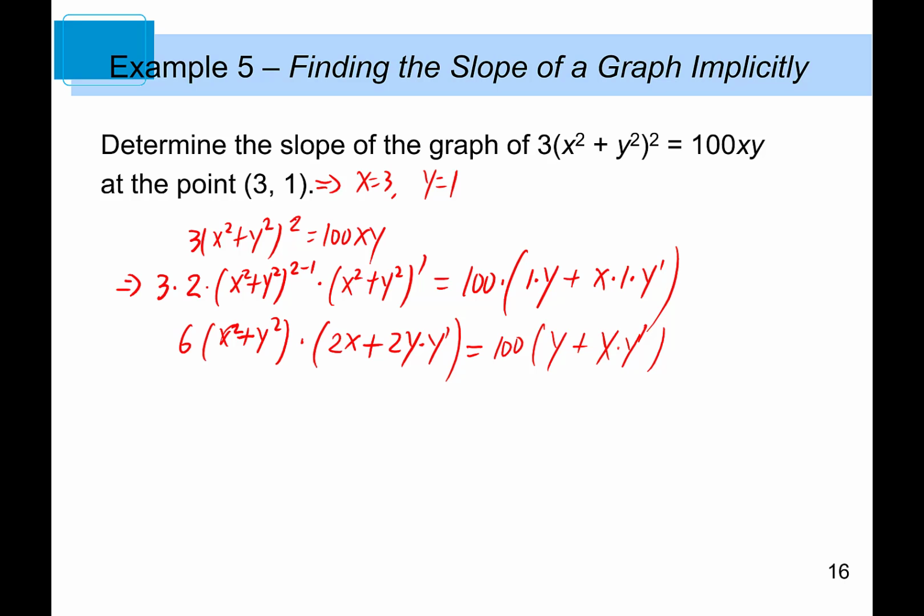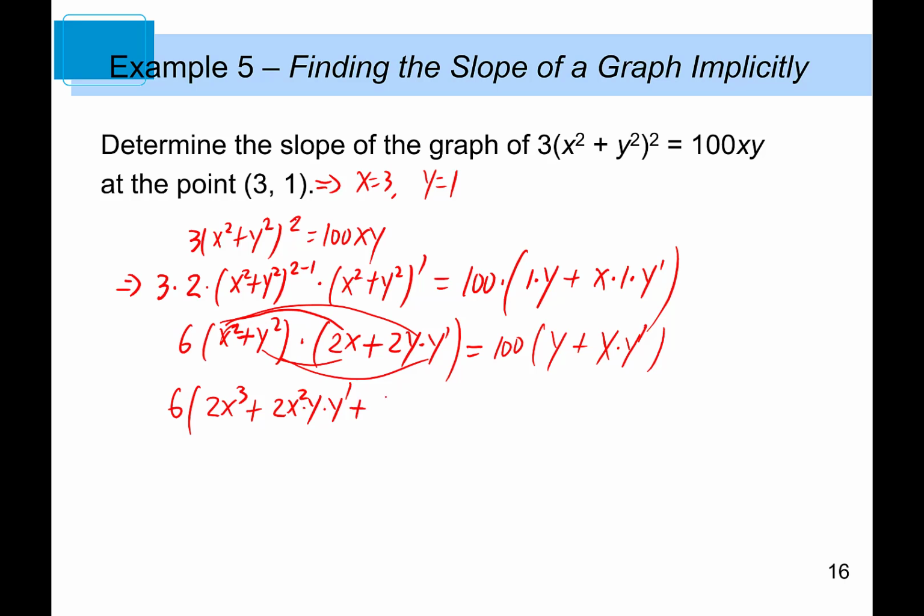The next step, we just have to carry out all the terms with y prime. So we can just distribute it. So we get a 6, get an x squared times 2x, 2x cubed. x squared times 2y y prime is 2x squared y y prime.